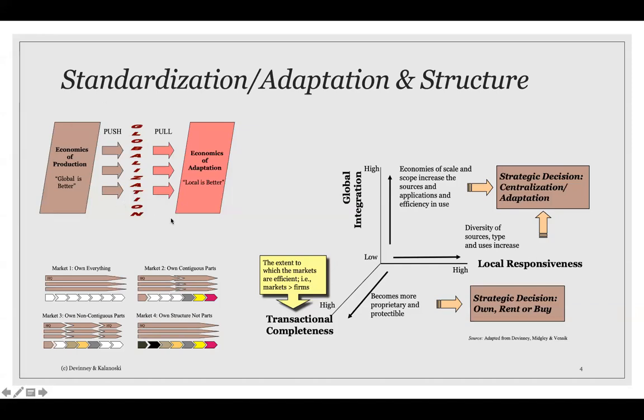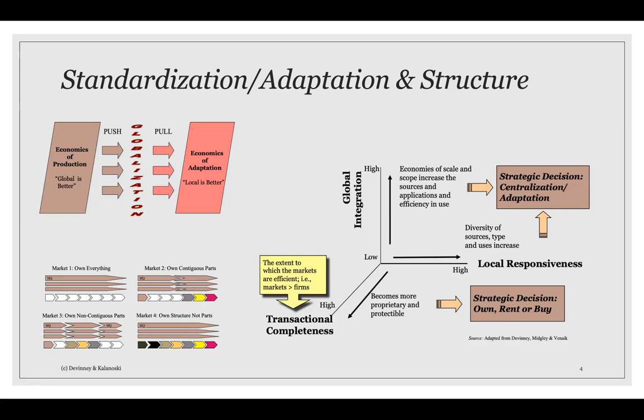And effectively, part of what this is, is a push and pull between the economics of standardization, the production economics, which focus you much more on things like economies of scale and economies of scope, and the pull factors which drive you more towards the customers, which are really related to the heterogeneity of the customers, where adaptation may be more demanding.